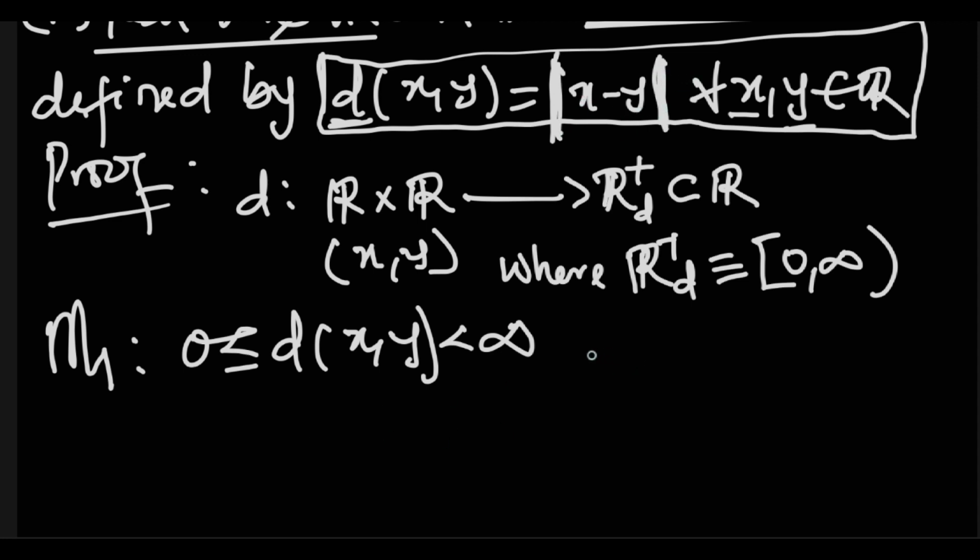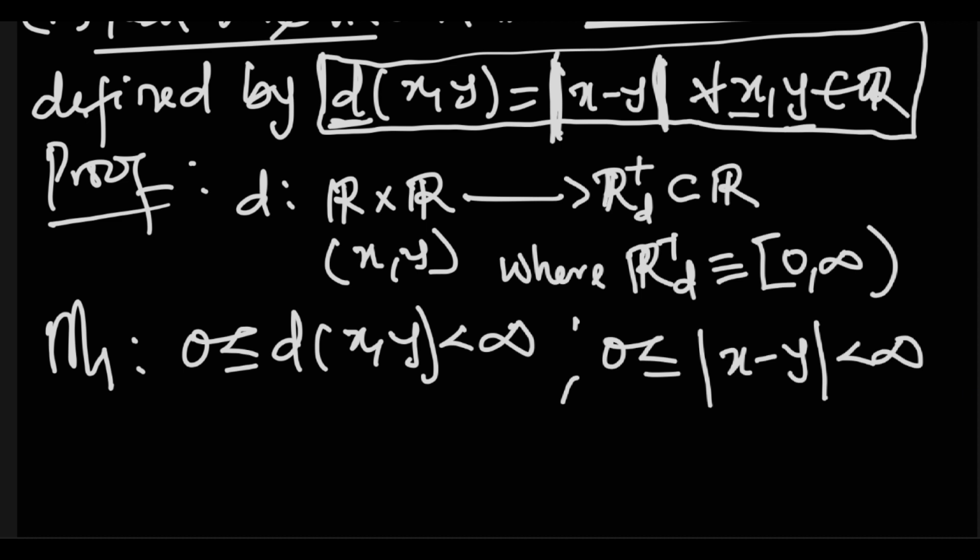This is what you want to show: 0 is less than or equal to |x − y|, which is less than infinity, for all x, y in the reals.